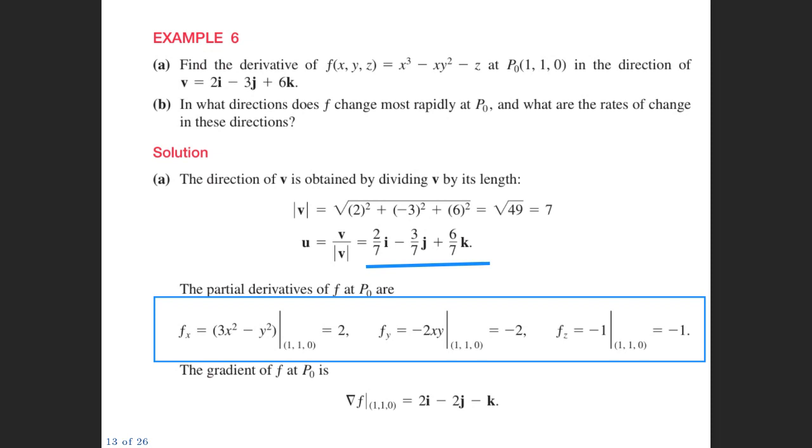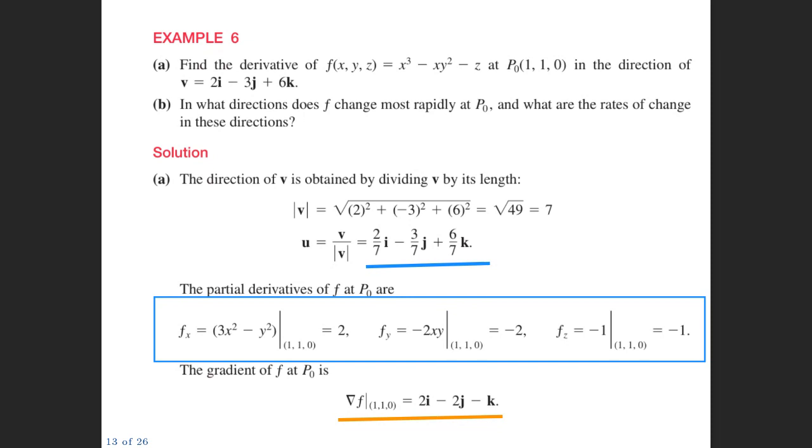After we know these, we can write down the gradient vector of f at the point 1, 1, 0. The first partial derivative is 2, the second one is minus 2, and the third one is minus 1.